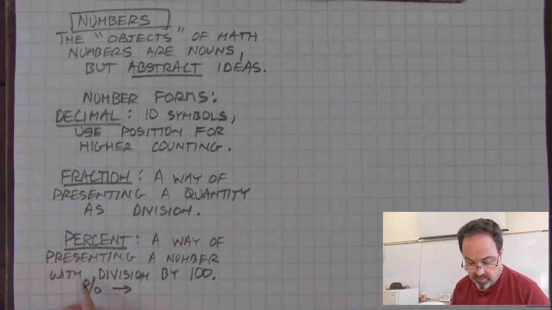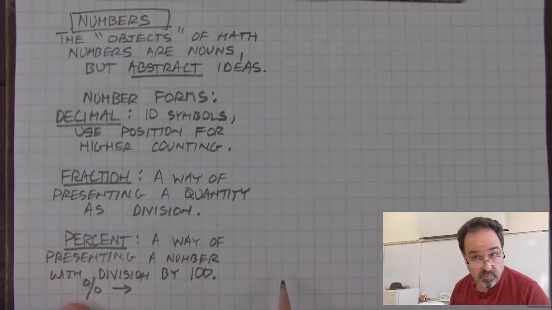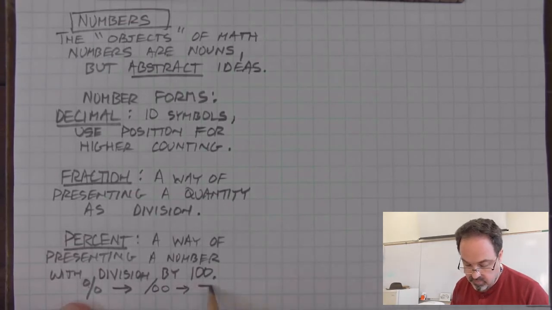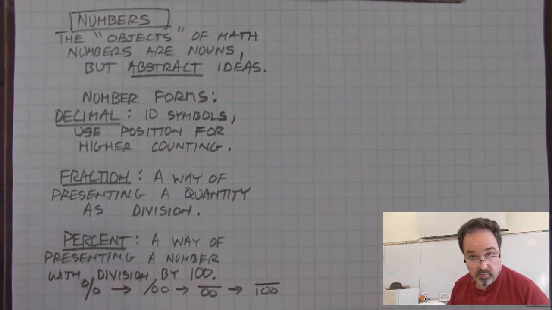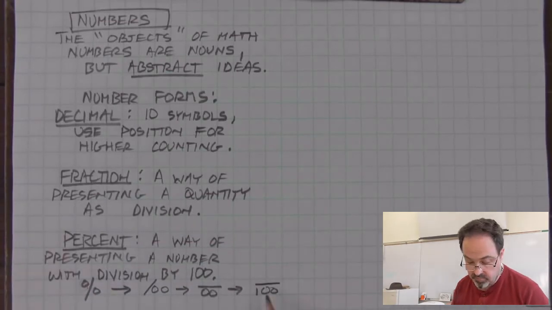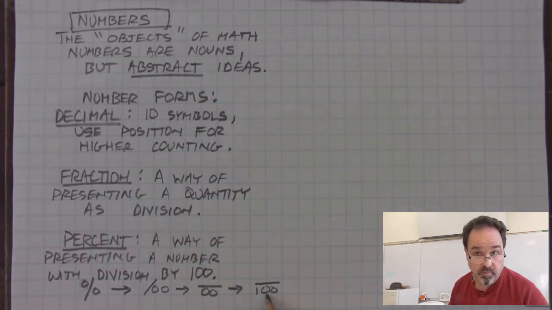And we could imagine taking the symbol and turning it back into division by 100, first by taking the top 0 and putting it underneath, then leveling out this to think of it as a fraction bar, and finally adding a 1 in front of those zeros. The percent symbol is literally a mutation of division by 100 because that's what percent means.